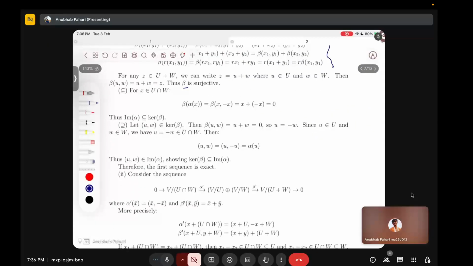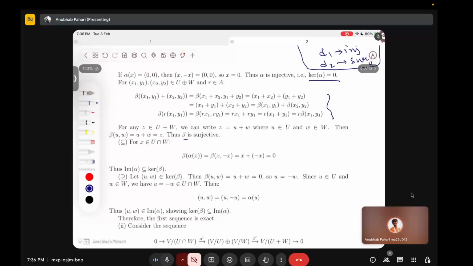So first we will show the forward direction, that is, image of alpha is contained in kernel of beta. You can take one element x from U intersection W. What I have tried to show is that beta compose alpha is 0.